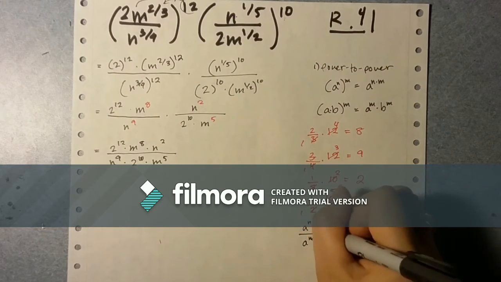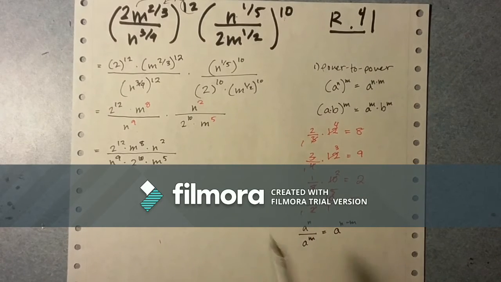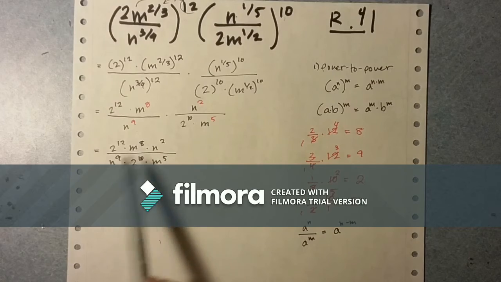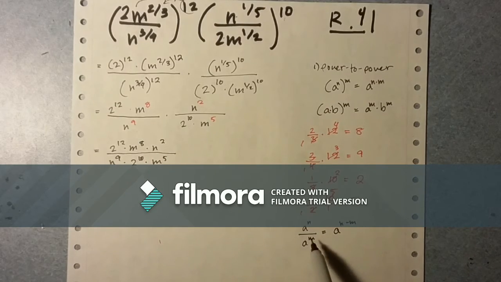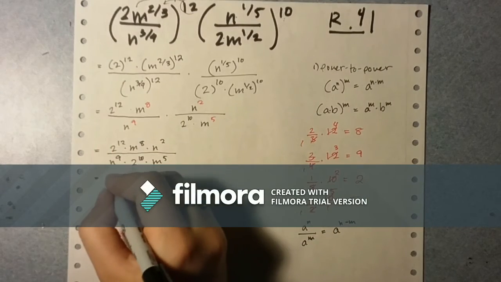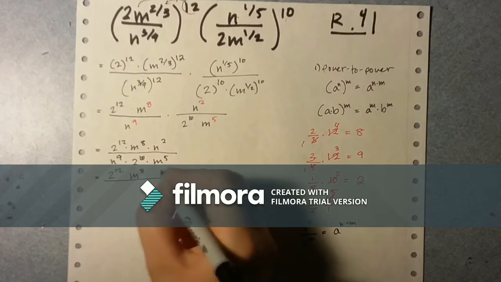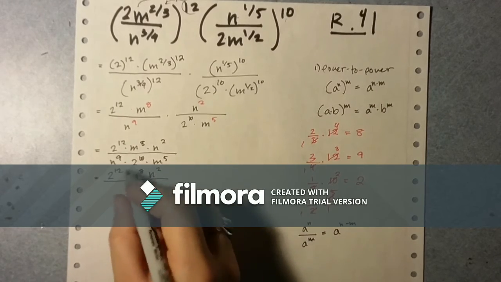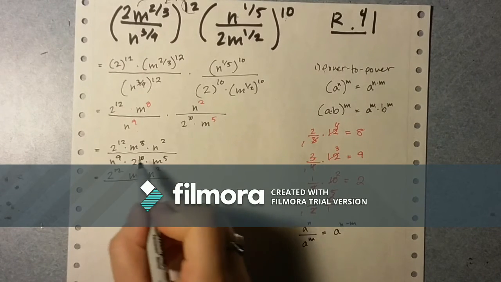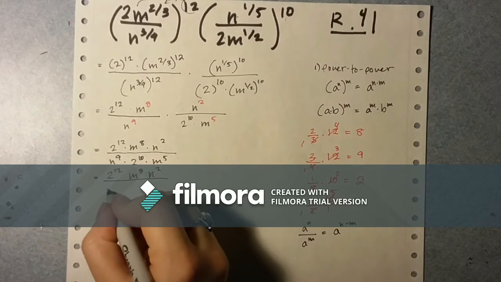I'll keep the base and subtract the exponents. So I'm going to rewrite this expression to look more like this rule. I'll pair the bases up from the top and the bottom: 2 to the 12th, m to the 8th, n squared. Since this is all multiplication in the denominator, multiplication is commutative, so I can just flip things around with no problem.